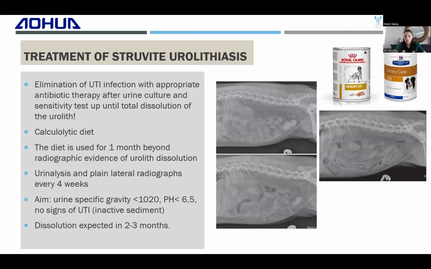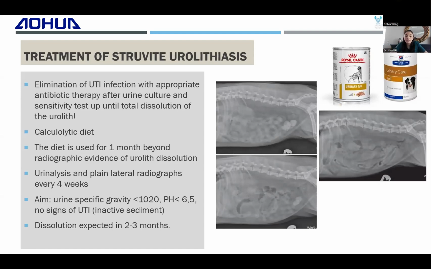I know that you all know how to do a cystotomy, but the problem is, why do a cystotomy on grounds of a urinary tract infection, with leakage of bacteria into the abdomen, just to take out uroliths that can be dissolved anyway.